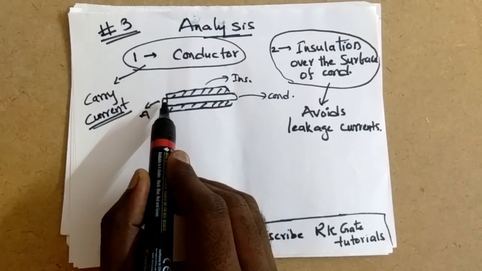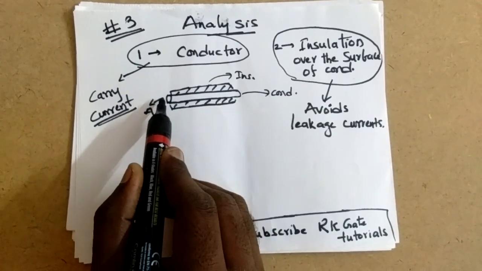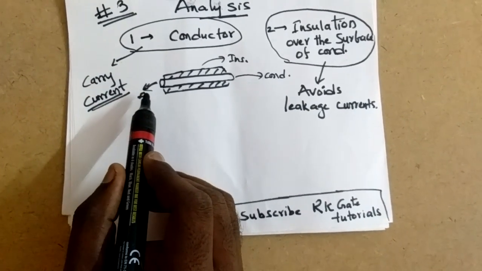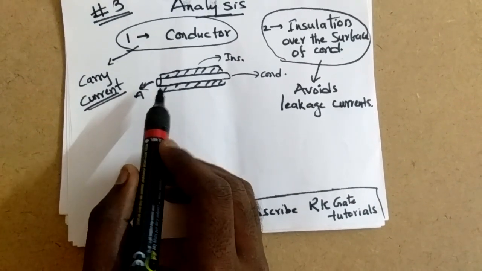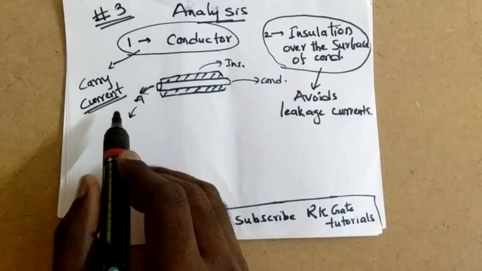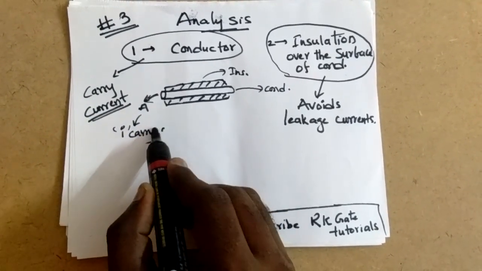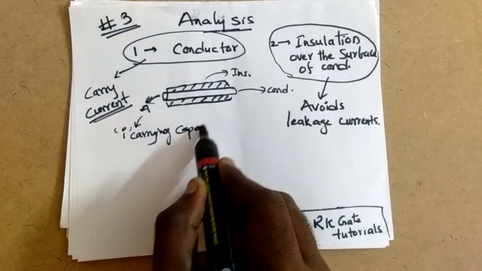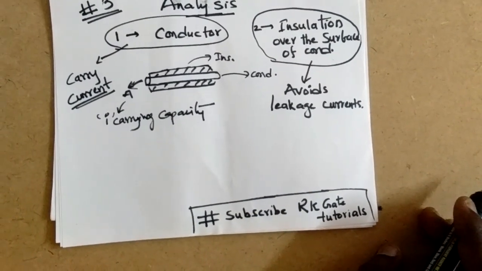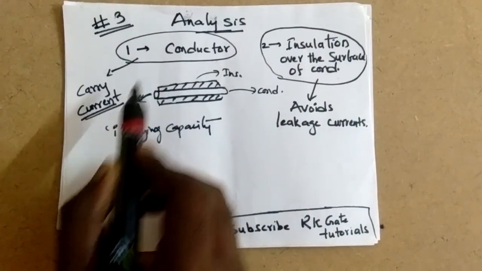The size or the area of cross section of the conductor is based on the current carrying capacity. So this is one more point regarding the conductor.